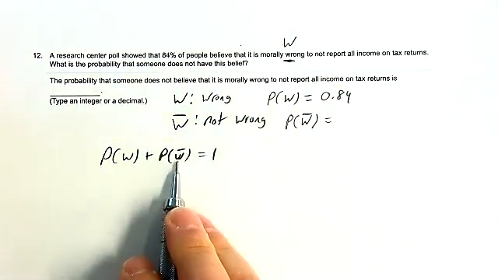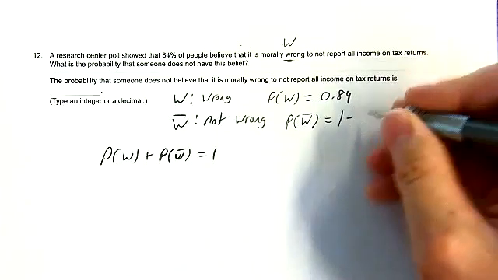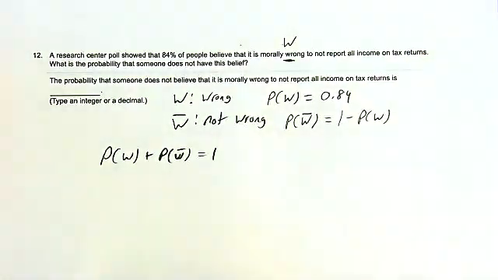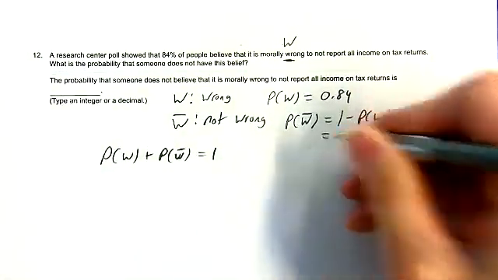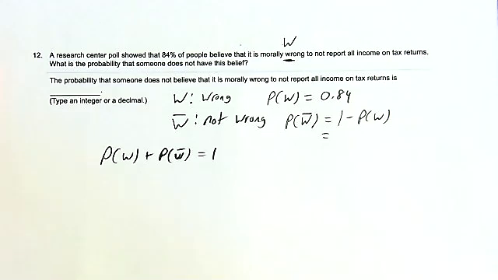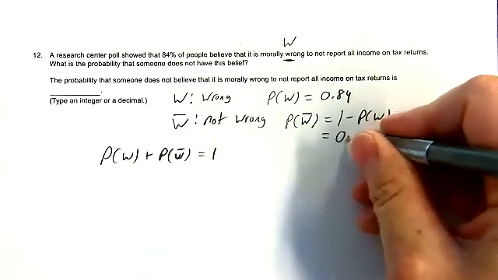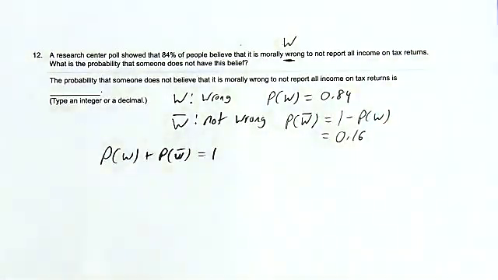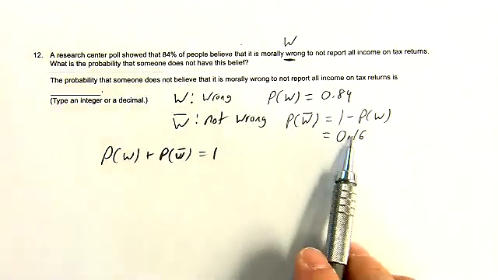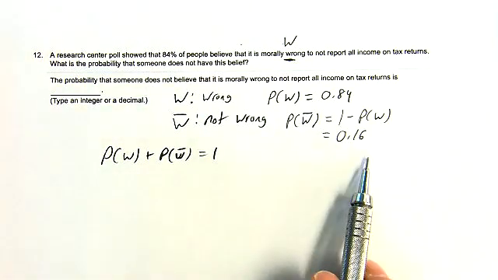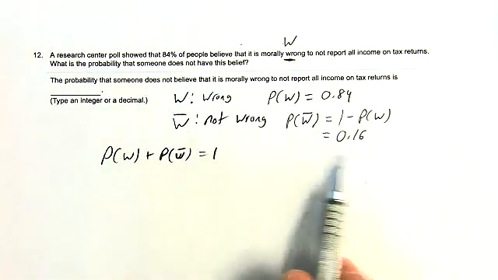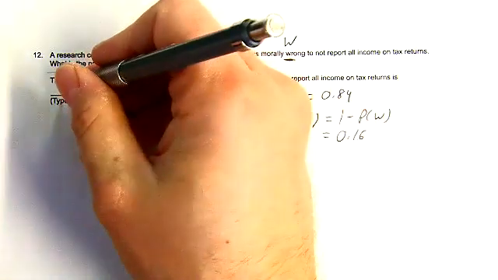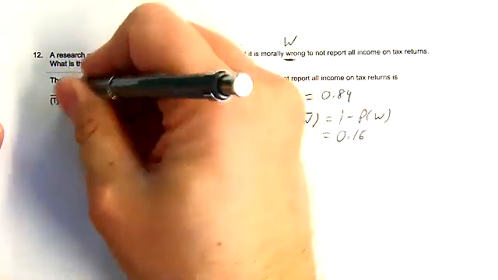Therefore, P(W complement) is just 1 minus P(W). I'm showing you the long way just so we can see the math, but you already know it's 0.16, right? You would have gotten there faster than I could write it down. Because you know 84% and 16% have to add up to 1. So the probability that someone doesn't think it's wrong is 0.16.